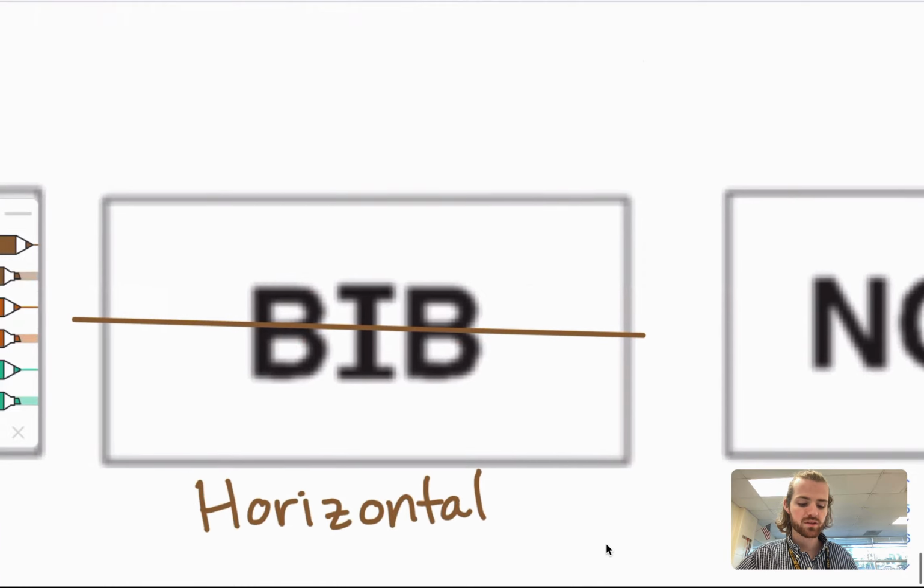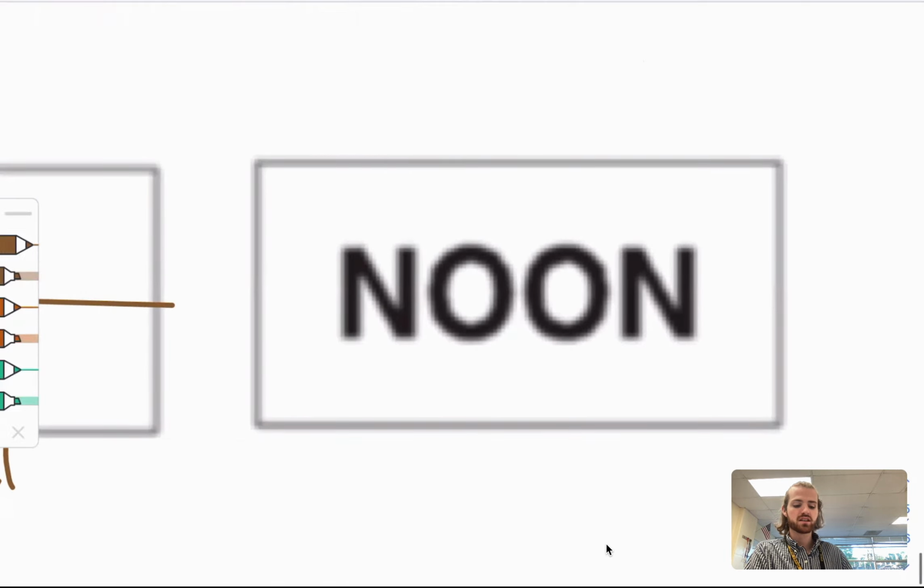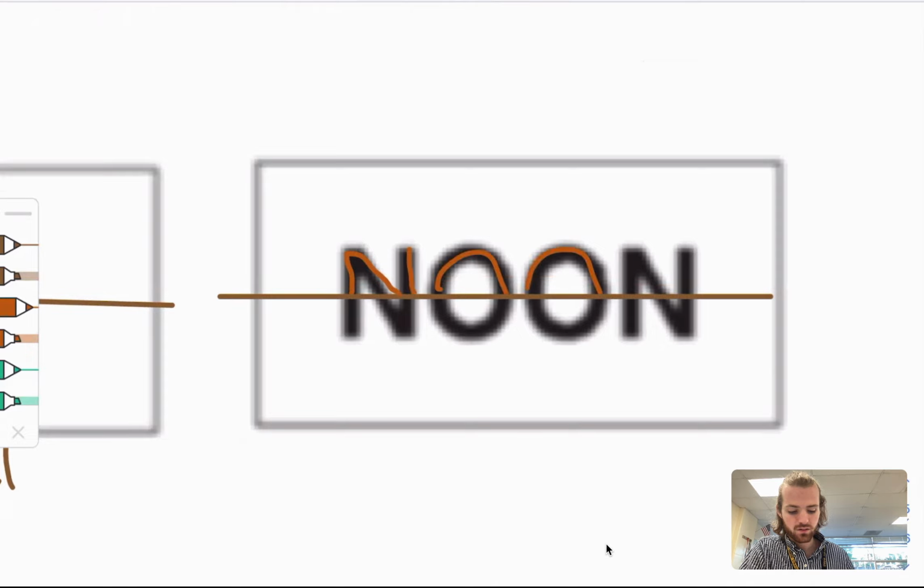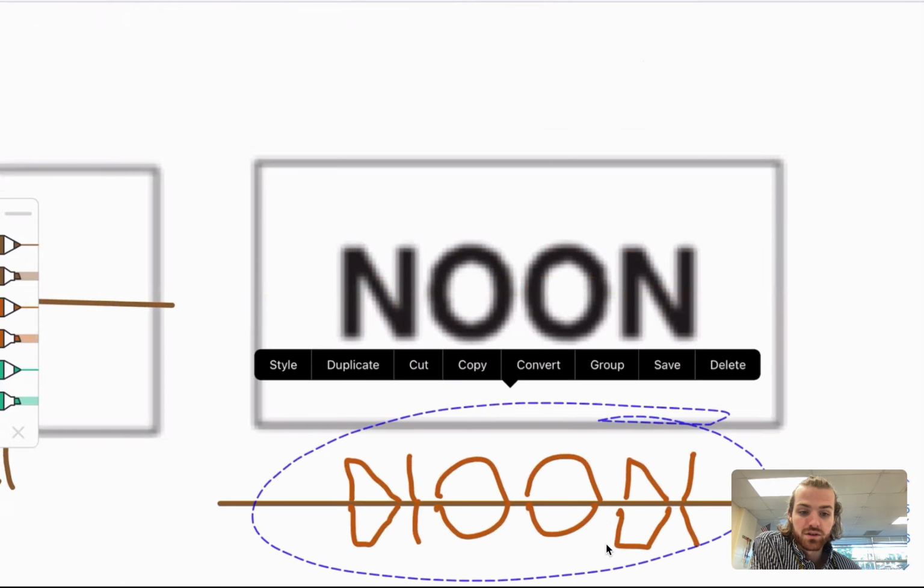Finally, this last one, this is an interesting case. You might guess horizontal. Well, if I trace, and if I mirror, you can see I don't have that word noon. So it doesn't have horizontal symmetry.